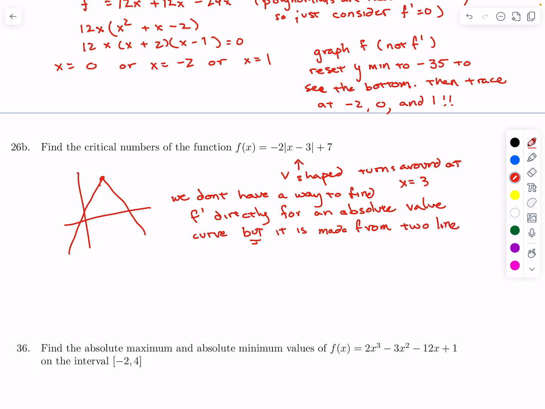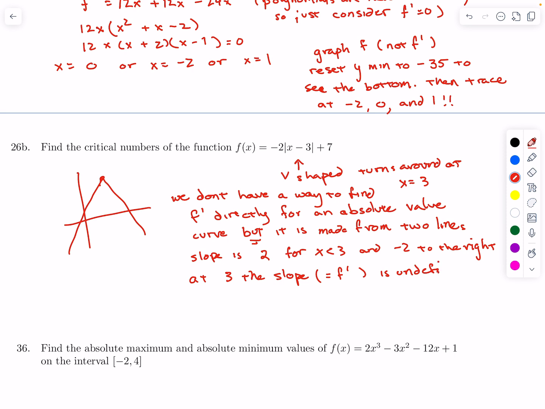Technically, they're rays, of course, but oh well. So notice the slope is 2 for x to the left of 3 and -2 to the right. You can't fix that, so we just say it's undefined slope in the middle.